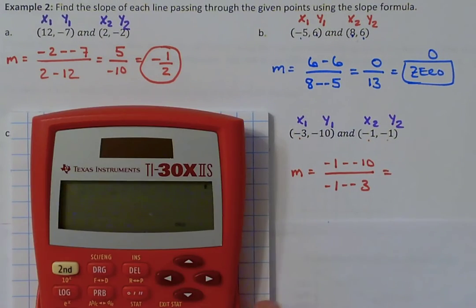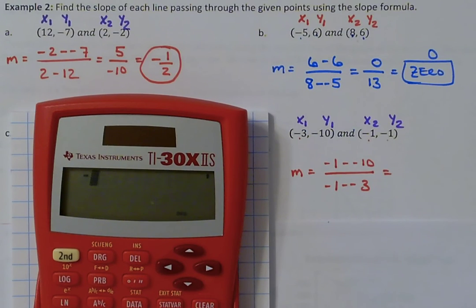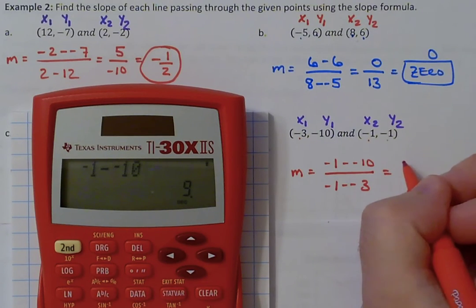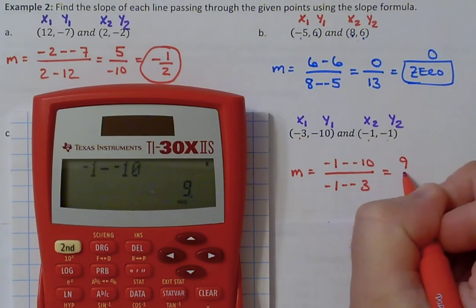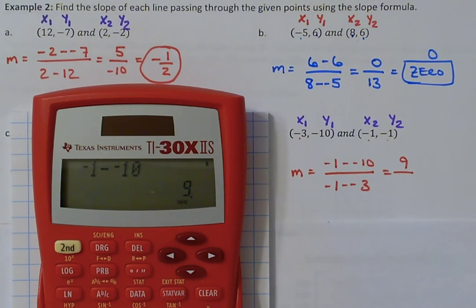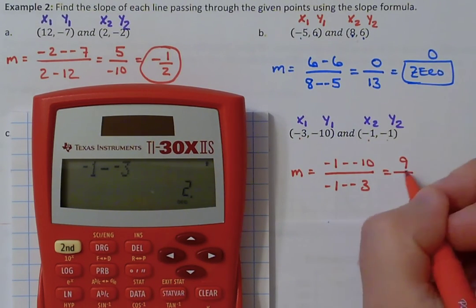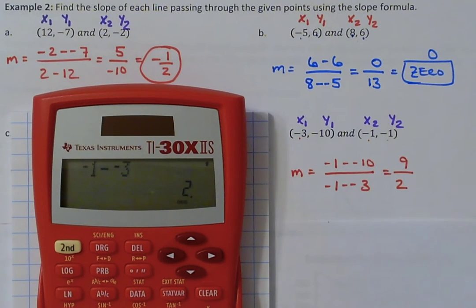Okay, so if I do negative 1 minus a negative 10, I end up with 9. And if I do negative 1 minus a negative 3, I end up with 2. So I have 9 over 2.